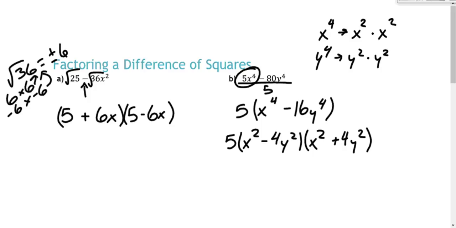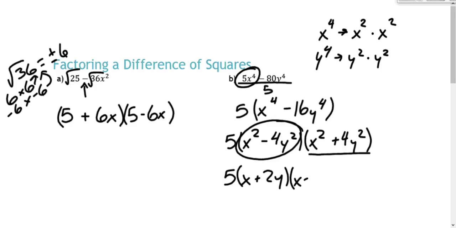This, you need to stop and check. We know that this is not a difference of squares. There's nothing else left to factor there, but there is something here. So we factor it down again: 5(x plus 2y)(x minus 2y)(x squared plus 4y squared).